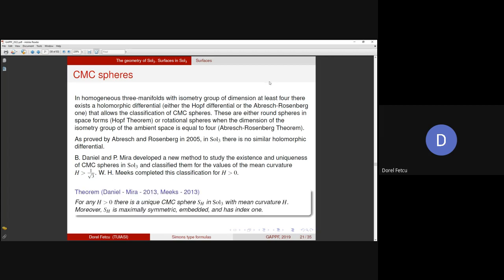So we have this theorem that says that if H is greater than 0, then there is a unique CMC sphere S_H in Sol with the mean curvature H.